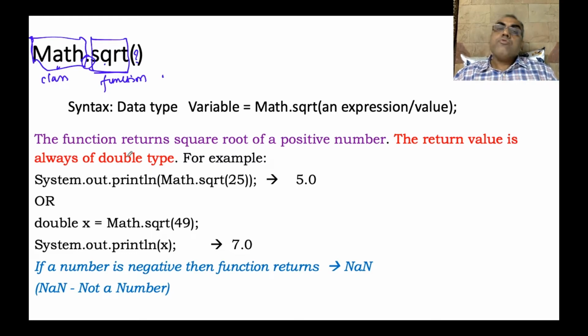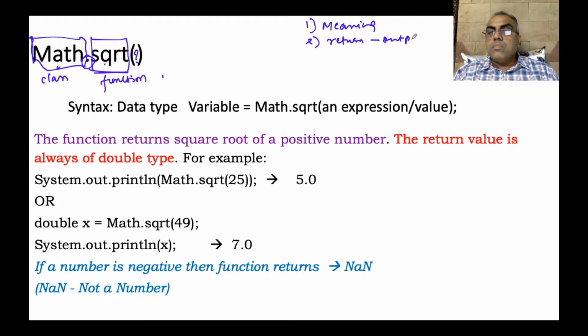Now there are a few things that you need to learn in this particular chapter which can be very useful in MCQs as well. First, you need to know the meaning of the function. Second, you need to know what the function will return, that is the output. Third, you need to know the type of data that will be returned, the data type.